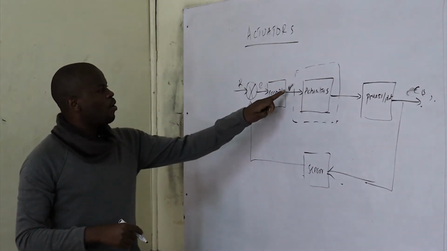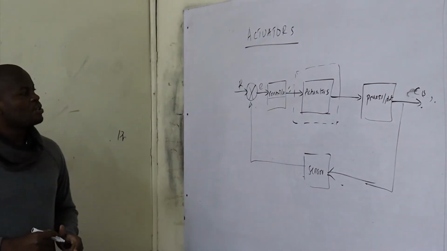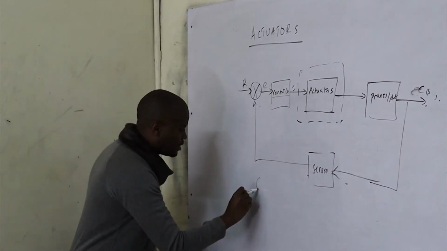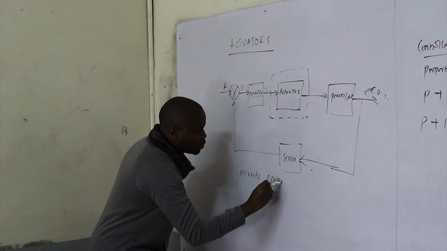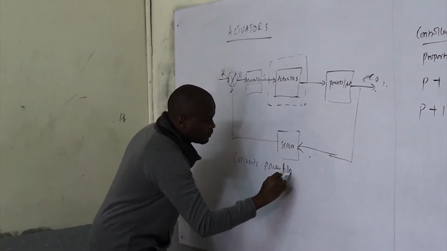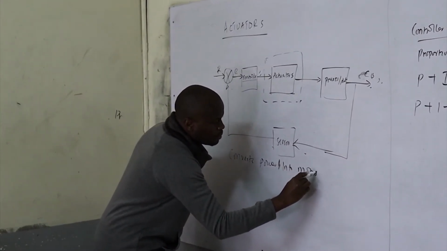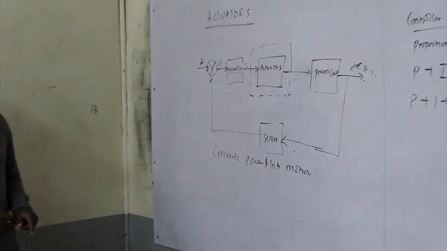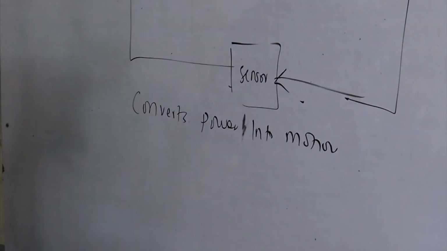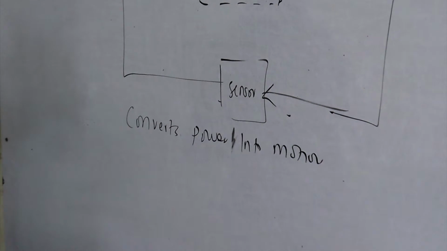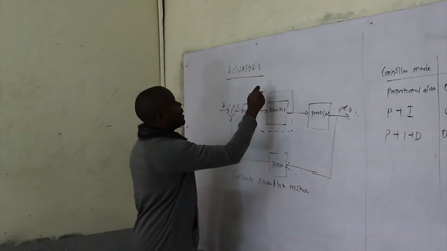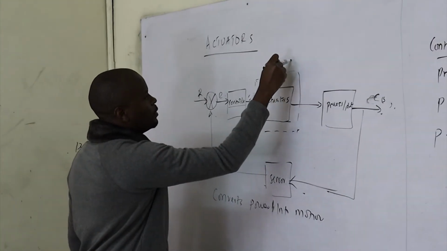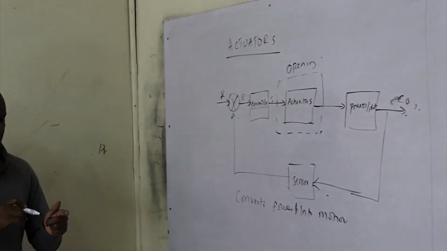And the main work of the actuator is that the actuator always converts power into motion. It's supposed to convert power into motion. So when the actuator converts the power into motion, this is what is going to bring about the movement, maybe we can talk of the opening or closing of a valve. The valve will open.